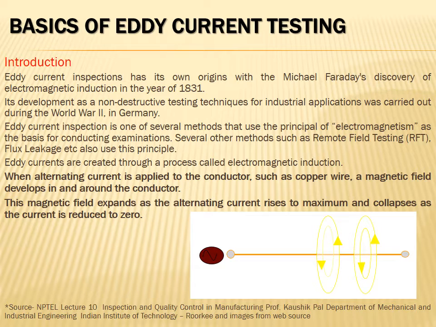As seen in that figure, the yellow is the magnetic field generated around the conductor, the copper wire. This magnetic field expands as the alternating current rises to maximum, or collapses as the current is reduced to zero.